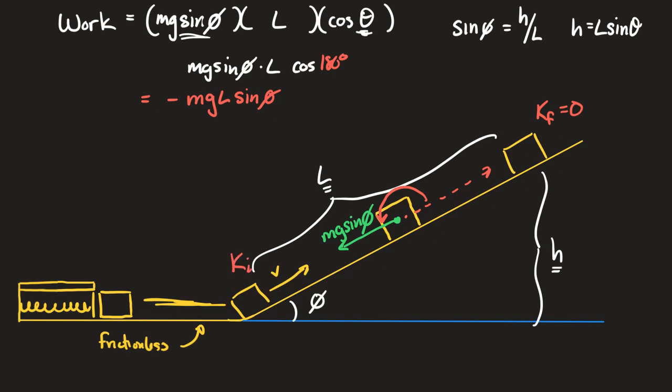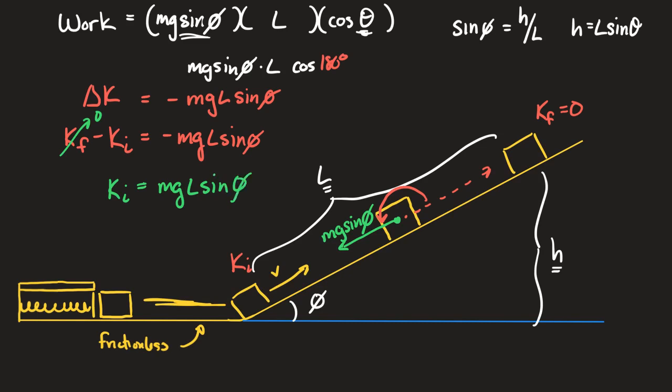That's the initial kinetic energy. This has to be the change in kinetic energy of the box, which will be K final minus K initial equals minus mgL sine phi. Do you all see that since this is 0, it's going to say that the initial kinetic energy equals mgL sine phi? We all seeing that okay?